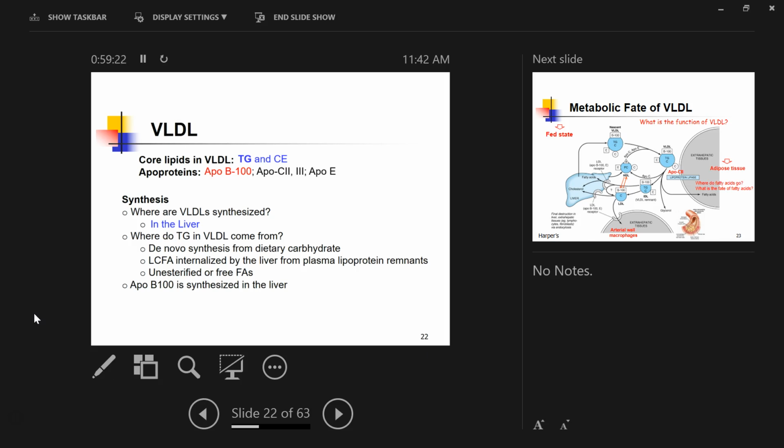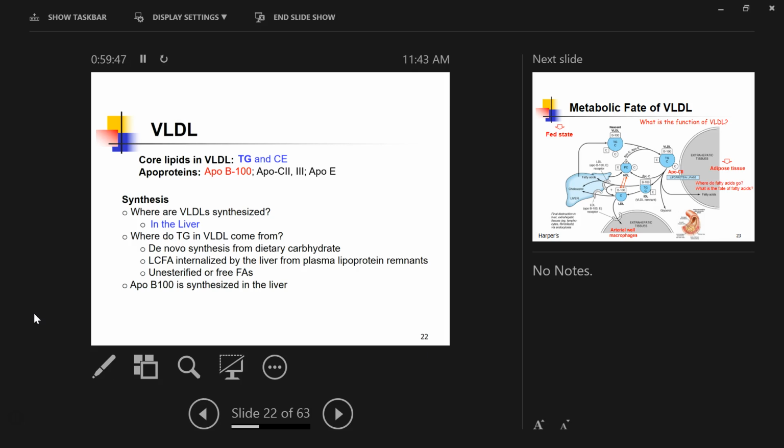So VLDL, right? We just briefly described the VLDL functions and the composition of the core lipids in the VLDL, and where the triglyceride in the VLDL comes from, right?